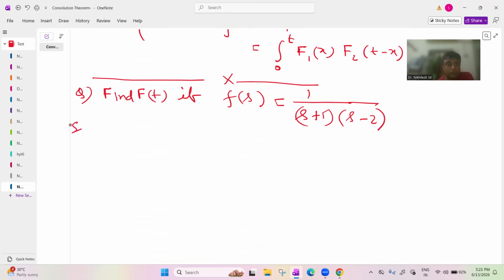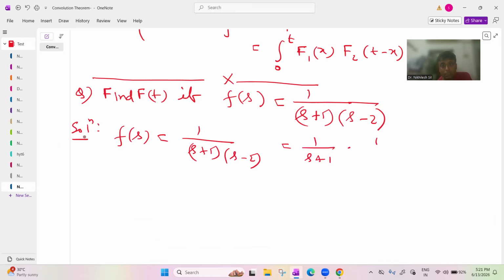Solution. F(s) is equal to 1 by (s plus 1) into (s minus 2). This is equal to 1 by (s plus 1) into 1 by (s minus 2). This is equal to F1(s) into F2(s).